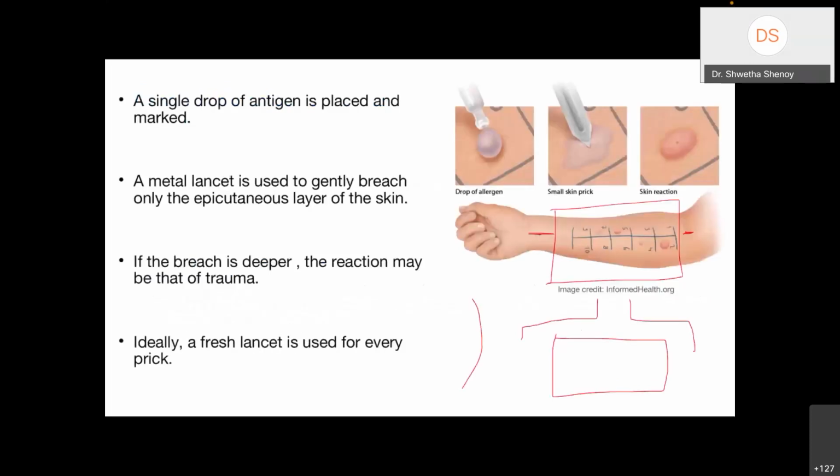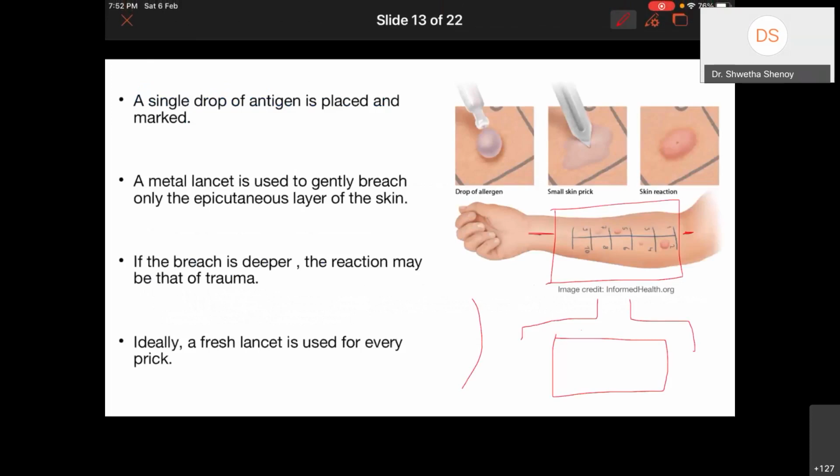So we place the allergen as 1, 2, 3, 4 in different dots in different columns. A small drop of allergen is placed. Suppose I want to test for dust mite. I place a small drop on one and do a small prick on one and wait for the reaction.